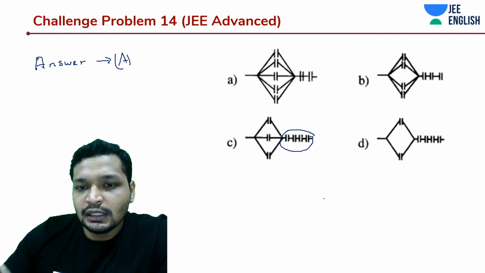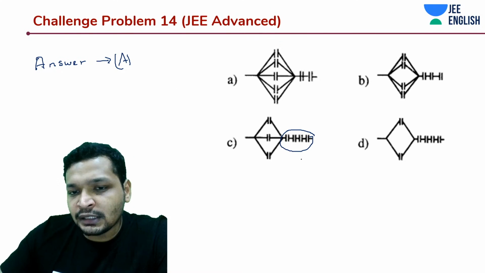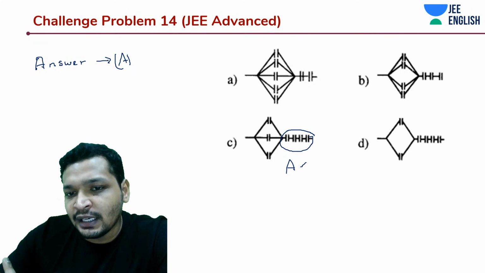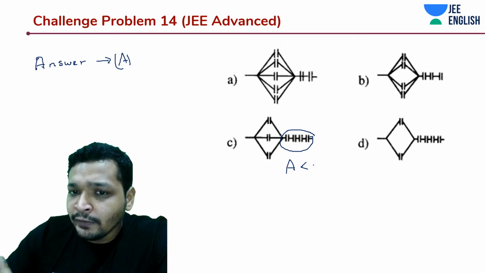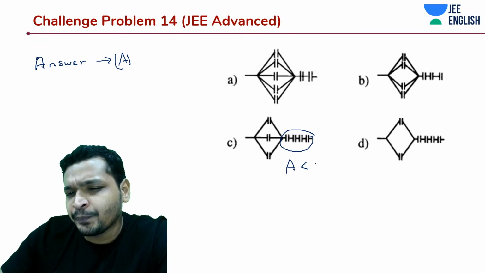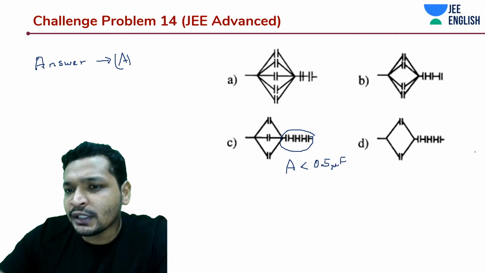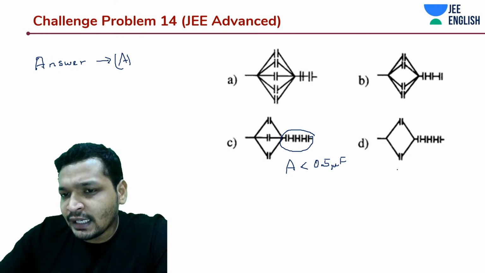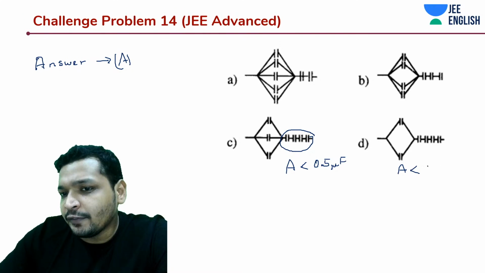That means if these 4 capacitors are in series, again in series with these 3 capacitors in parallel combination, your answer should be less than 2 by 4, which is nothing but 0.5 microfarads. How about in this case? In this case, your answer should be less than 2 by 5.